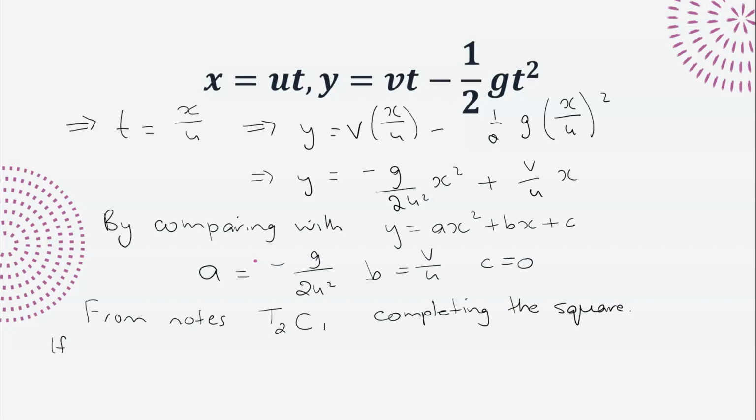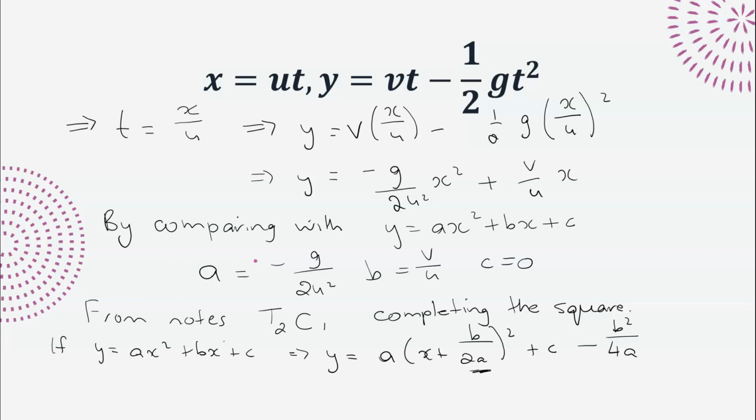So if a x squared plus bx plus c equals, then we can say that y is equal to a times x plus b over 2a squared plus c minus b squared over 4a. And just in case you didn't really understand what was going on with the completing of the square, we haven't done anything. We've added this term here, but we've taken it away over there. So we've done nothing. That's how completing the square works.